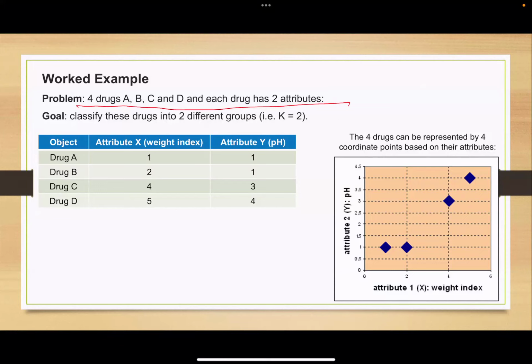The first data point, for drug 1, is 1, 1. So this point here is 1, 1. And then this is 2, 1. So the 2 features represent the coordinates of the data.